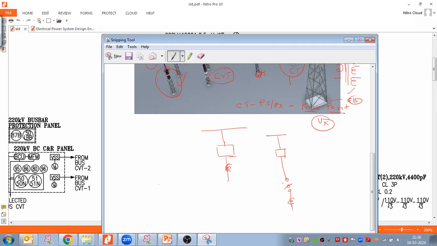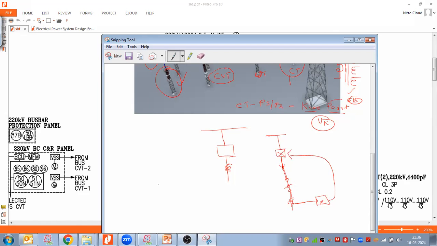If a fault happens, the fault will travel all the way through the disconnectors, then reach the CT, and the CT will sense it, feed the relay, and the relay will issue the trip command to the breaker.